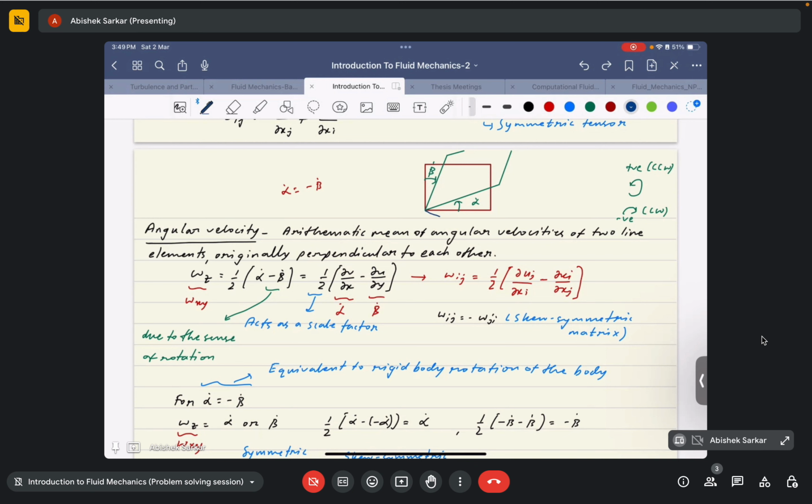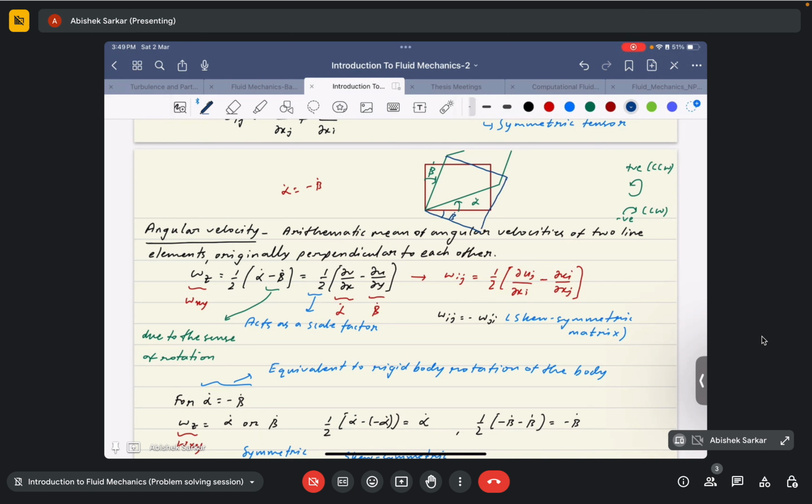And this angle, or rate of change of angle, would be equal to beta dot. Then if we complete the fluid element, sorry, just extend it.